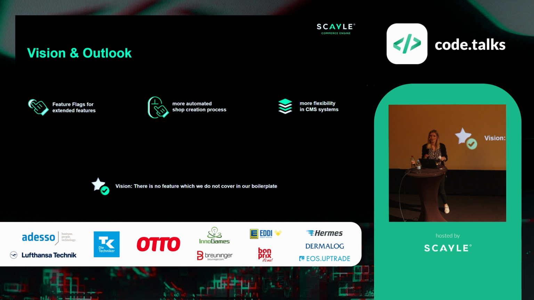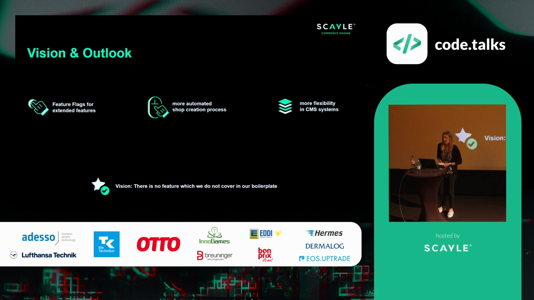So right now, the demo shop has mostly the standard e-commerce components, but we want to also enable feature flags for extended features, like you have seen lookbooks, size bundles, or out-of-stock reminder, etc. So this will be one goal of the Storefront Core, to enable also more specific features.